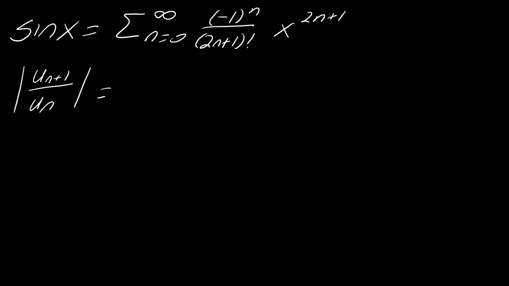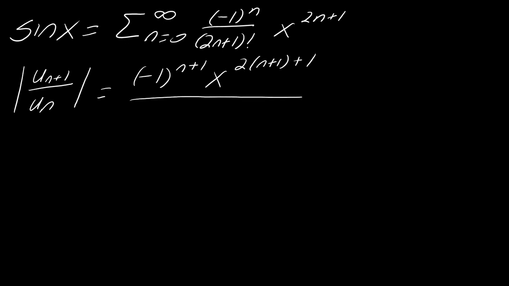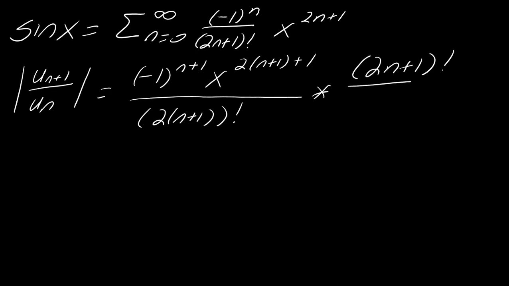So let's see, if I do that, I'll have (-1) to the n+1, x to the 2(n+1)+1, over (2(n+1)+1) factorial, times (2n+1) factorial over (-1) to the n, x to the 2n+1.